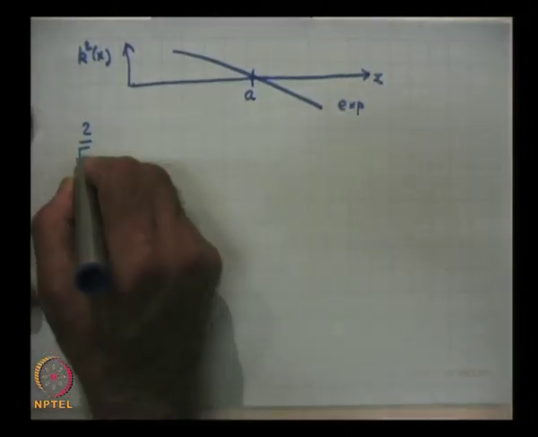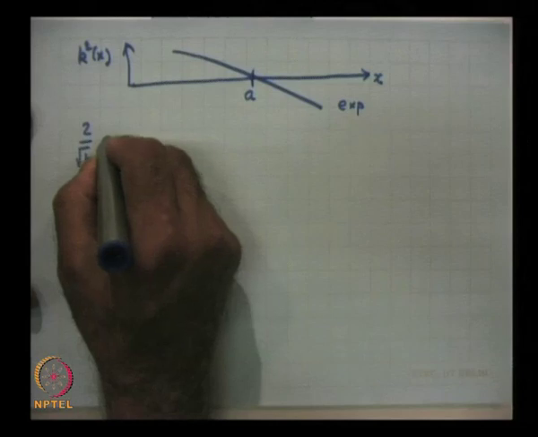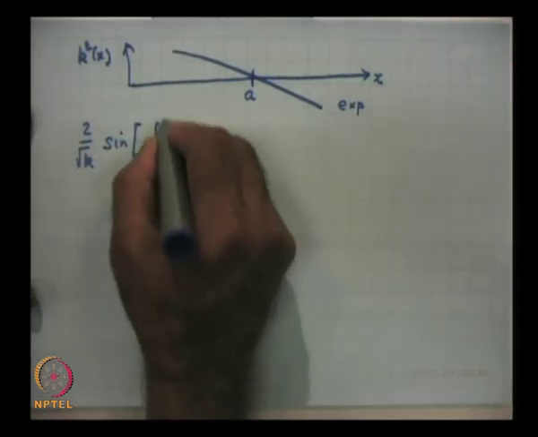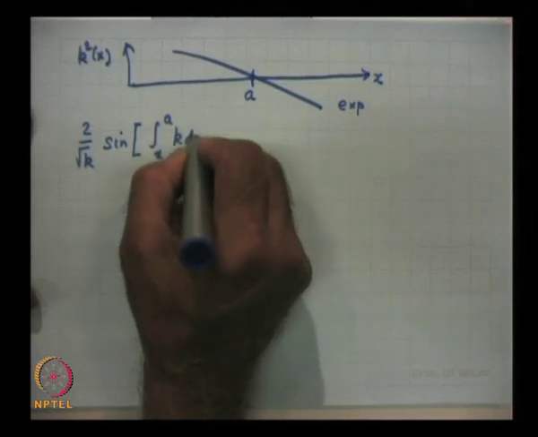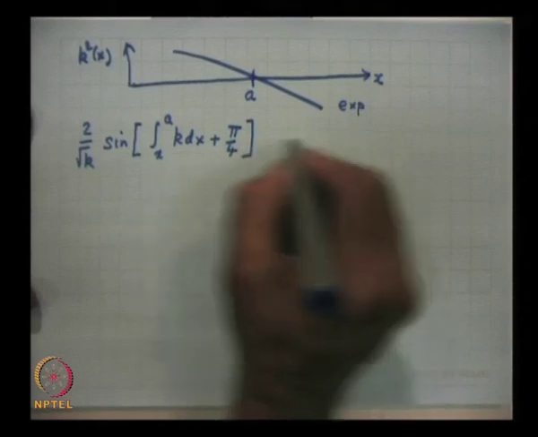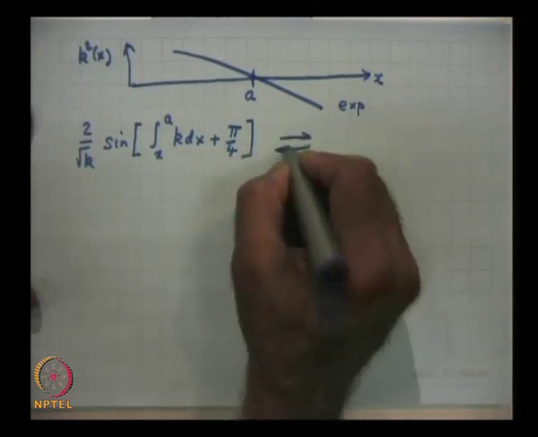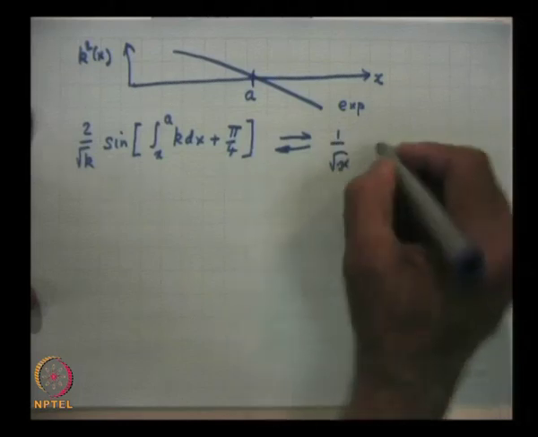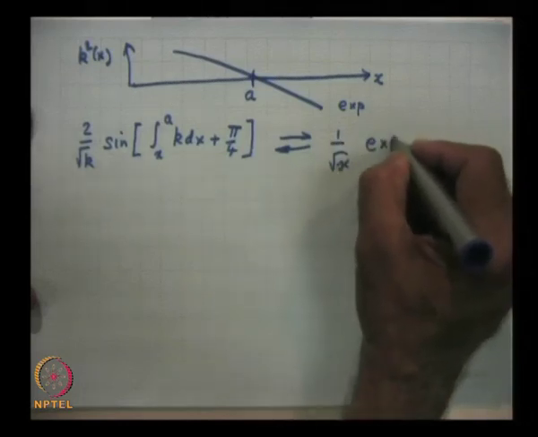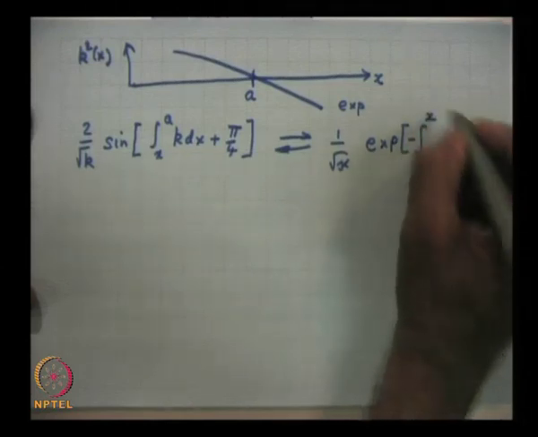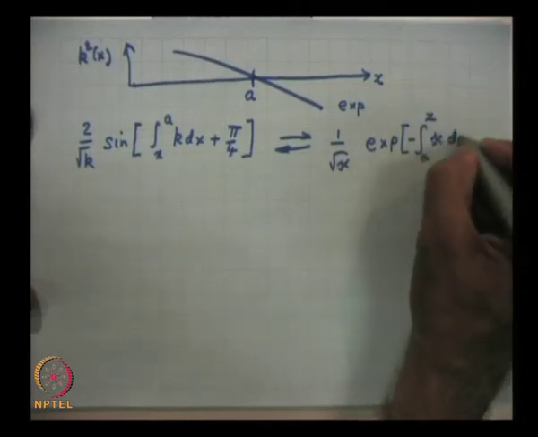then 2 by root k sine of the integral from x to a of k dx plus pi by 4 goes over to an exponentially decaying solution, minus exponential of minus the integral from a to x of kappa dx.